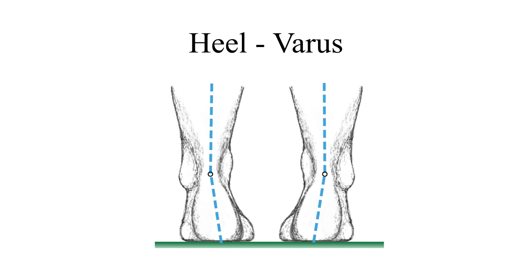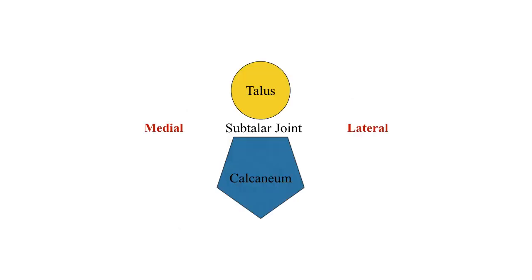This is the line along the longitudinal direction of the leg, and the axis of the heel is directed medially from this line, and this heel is called a varus heel. Now again coming to the same picture, this is the talus, this is the calcaneum, and the joint is the subtalar joint.